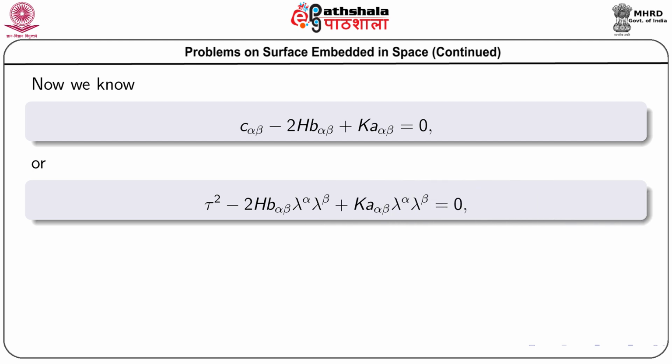So, we get this one by multiplying by lambda alpha lambda beta on both sides: tau square minus 2 H b alpha beta lambda alpha lambda beta plus K a alpha beta lambda alpha lambda beta equals 0.